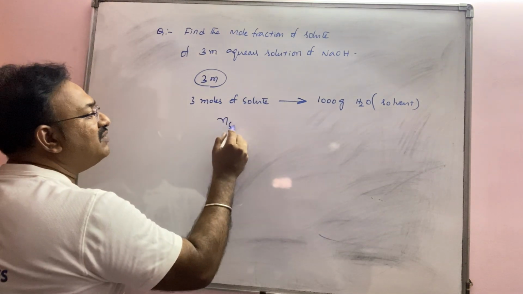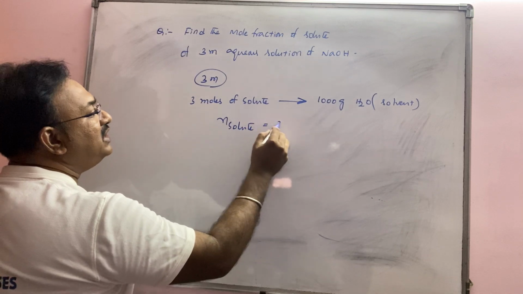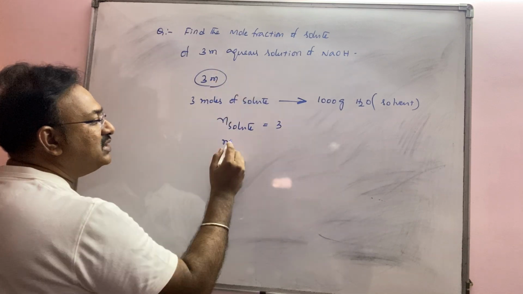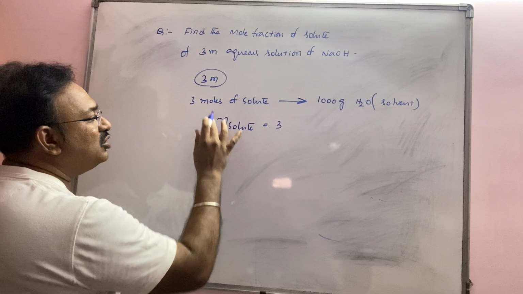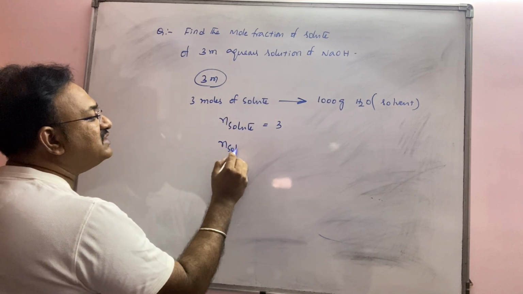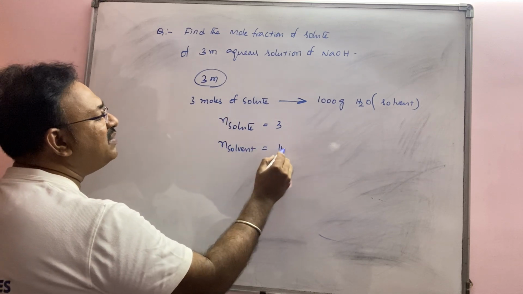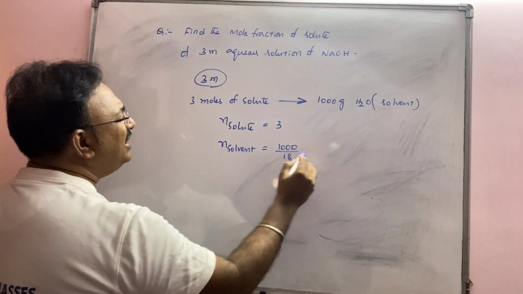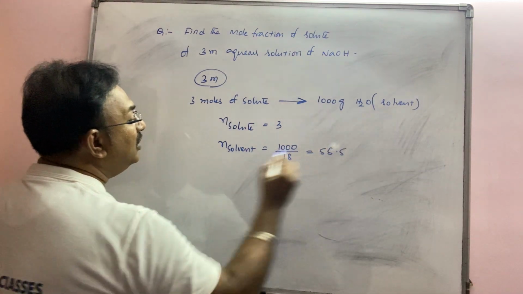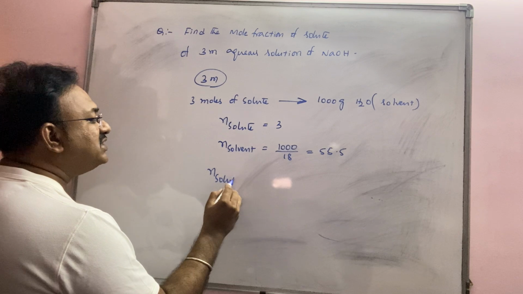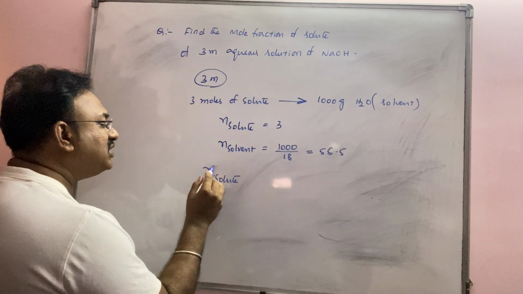So you got number of moles of solute as 3 already given in the question. 3 मोलाल दिया है तो 3 moles ले रहे हैं. Number of moles of solvent कैसे है? Weight by molecular weight. So 1000 by 18, that is 55.5. So mole fraction of solute is equal to, what is the formula of mole fraction?